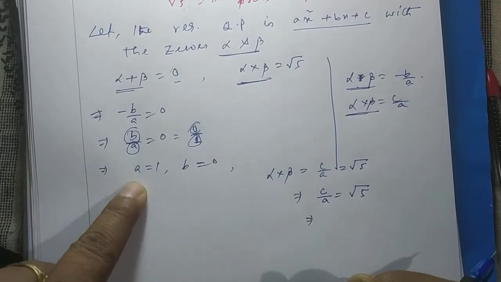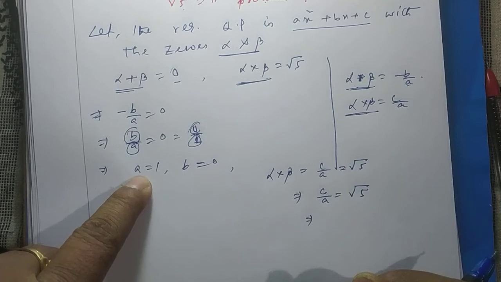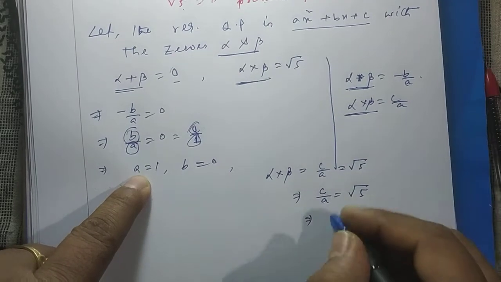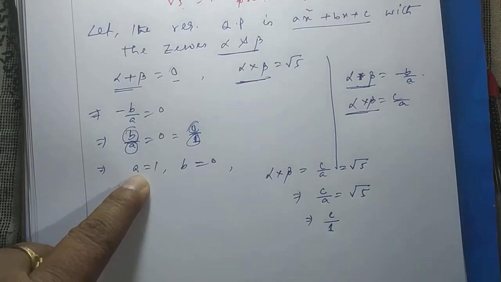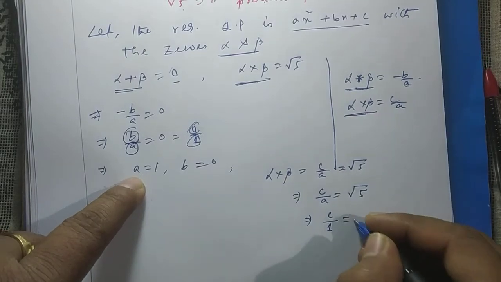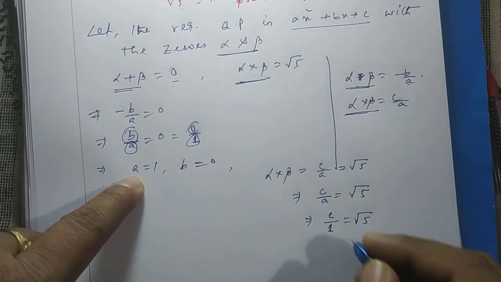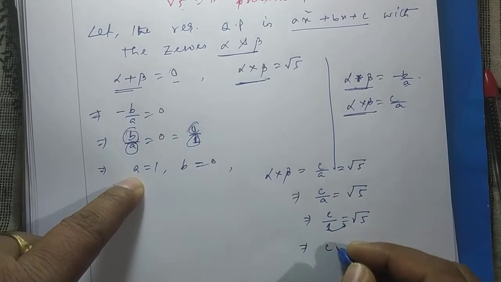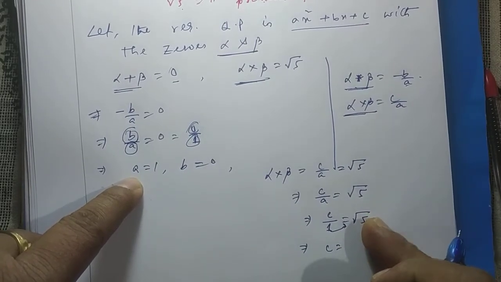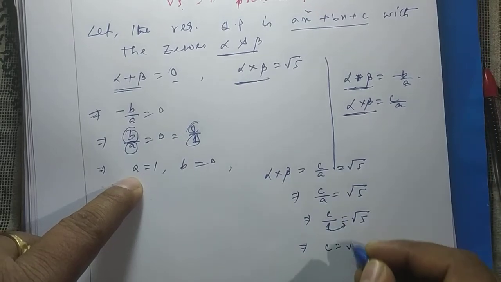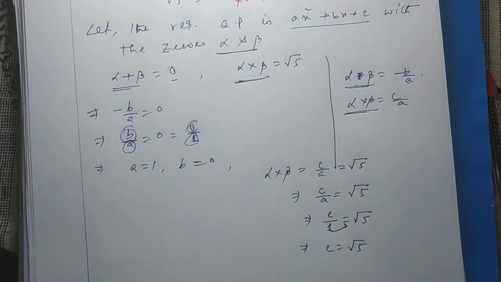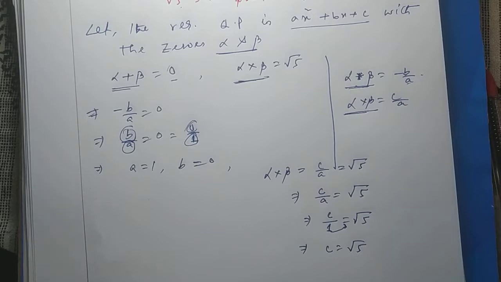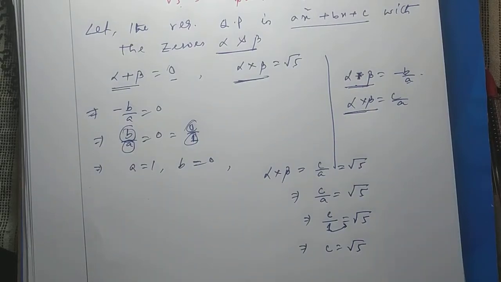Now look here. In the previous step we have got the value of a, that is 1. Now let us put it here. It will be equal to root over 5. Now let us do cross multiplying. It will become c equal to root over 5 into 1, means root over 5, correct? In this way we are getting the value of c also, that is root over 5.